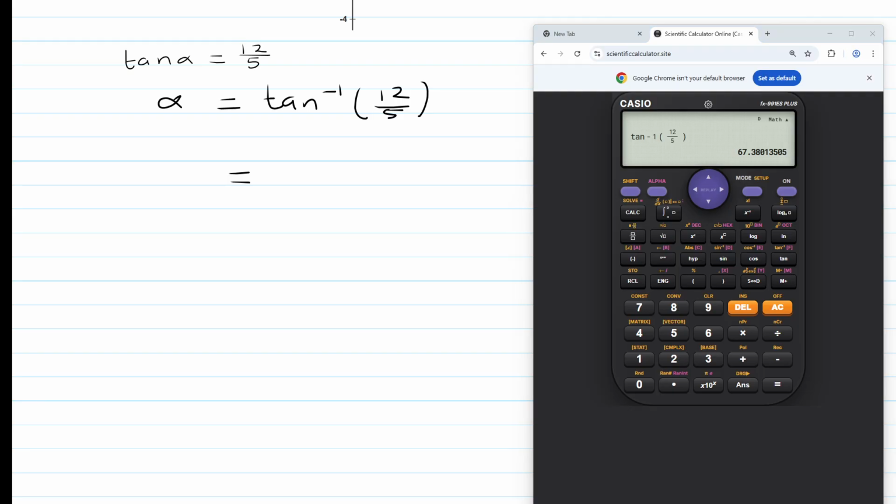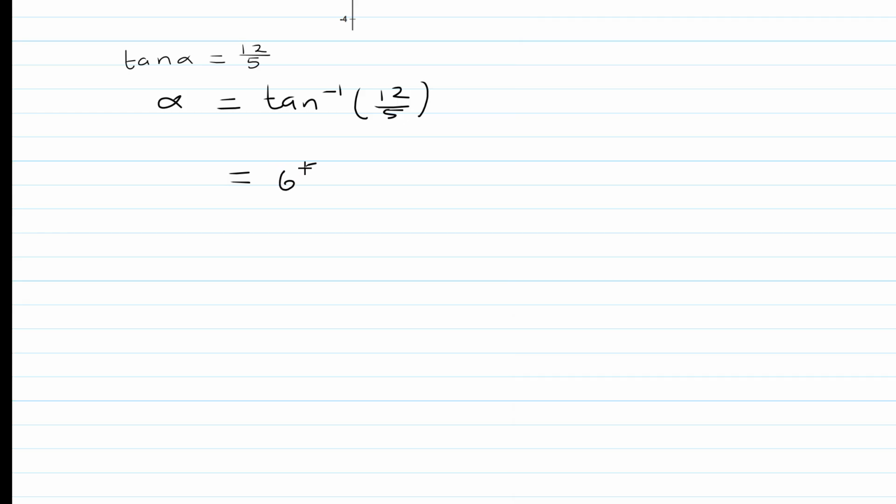Now our angle is 67.38 degrees, and this is how we solve the equation.